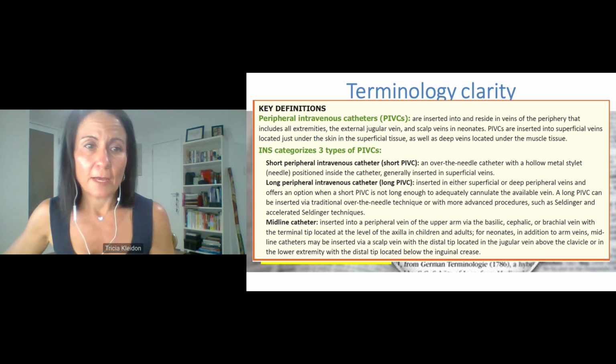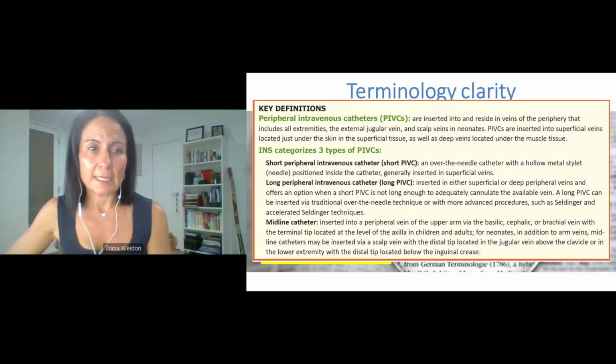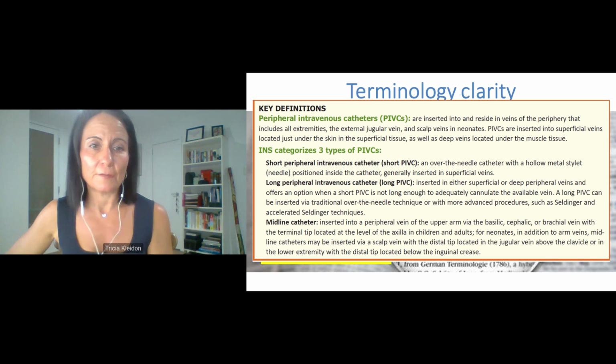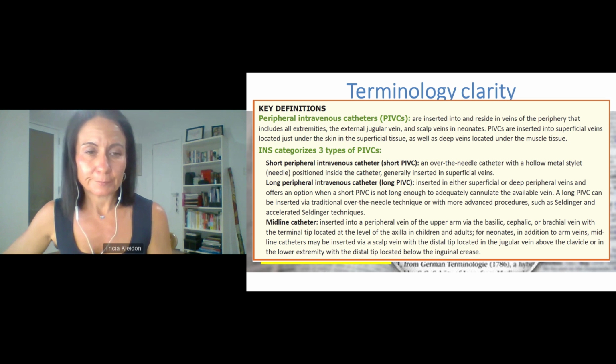And then you have a long peripheral intravenous catheter inserted into either a superficial or deep peripheral vein, and it offers an option when a short peripheral intravenous catheter is not long enough to adequately cannulate the available vein. A long PIVC can be inserted either using the traditional over-the-needle technique or with more advanced procedures such as Seldinger.